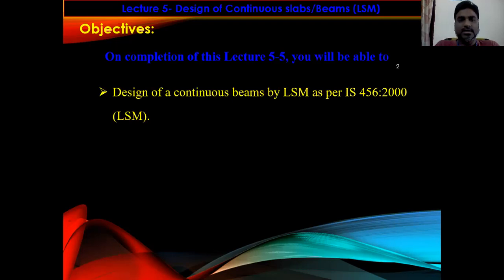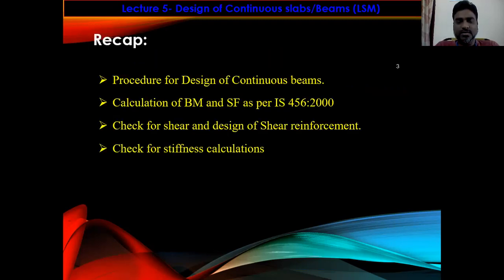Before going to today's lecture, let us recap what we discussed in the last class. We discussed the design procedure of continuous beams, that means how to design continuous beams as per IS 456-2000, and how to use the bending moment and shear force coefficients for determining the bending moment and shear forces in continuous beams.